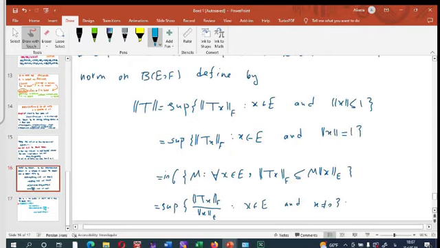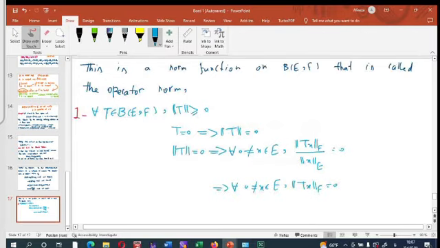I use this equality for example because if this equality is 0, this supremum must be 0. And all of these are non-negative, so that all of this must be equal to 0, so that this must be equal to 0, and we conclude that for any x non-zero in E, this must be equal to 0.